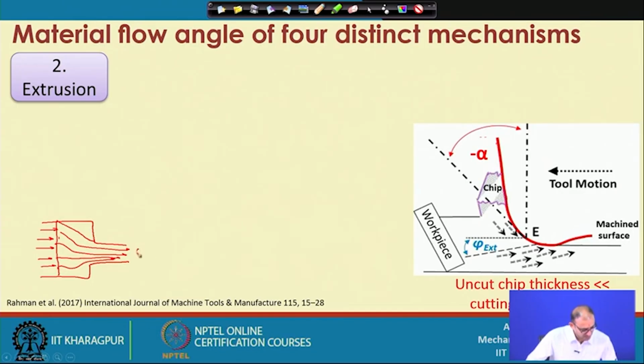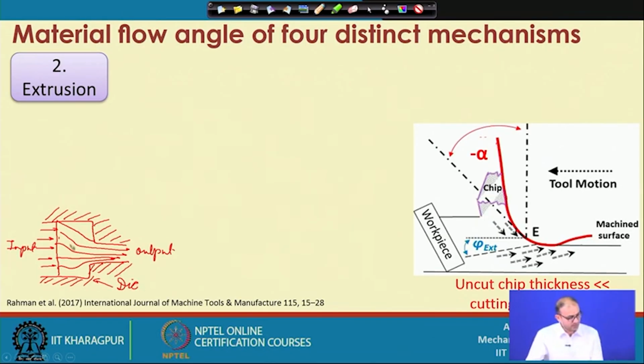So, this is the output, this is the input material, and this is the die. So, what we are doing here is extruding the material to reduce the area.